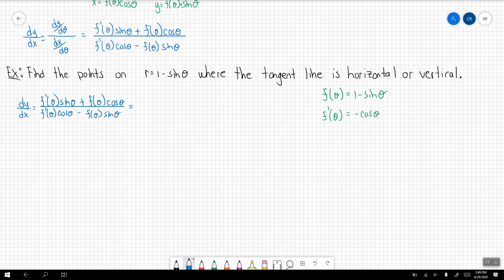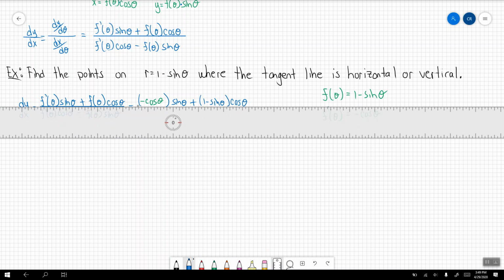So as I make my substitutions, f prime of theta, that's negative cosine of theta, and that's going to be multiplied by sine of theta plus f of theta. F of theta, that was 1 minus sine of theta, multiplied by cosine of theta. There we are. It's looking good.